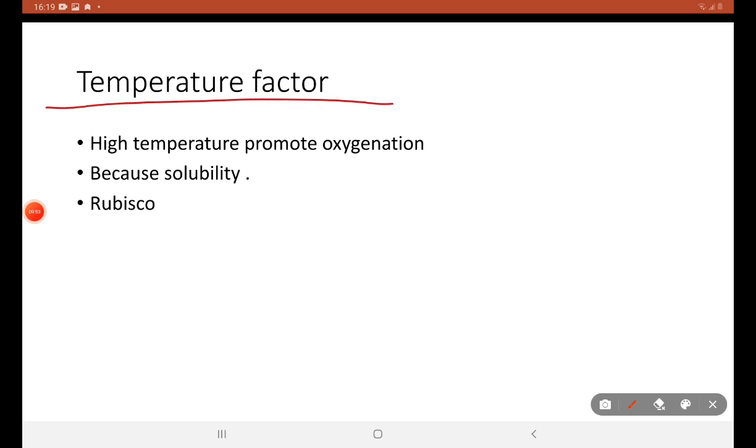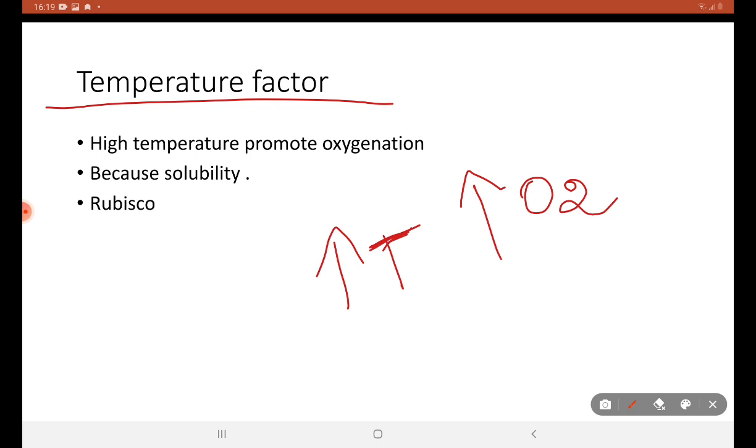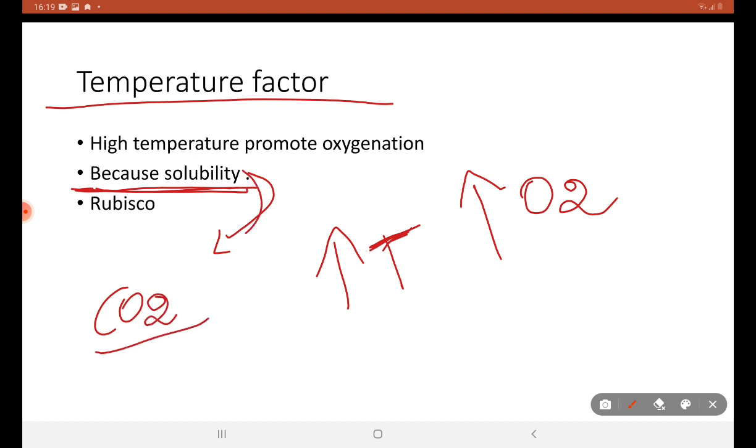Temperature factor: high temperature promotes oxygenation of the Rubisco enzyme. Because of the solubility factor, the solubility of carbon dioxide declines due to high temperature.